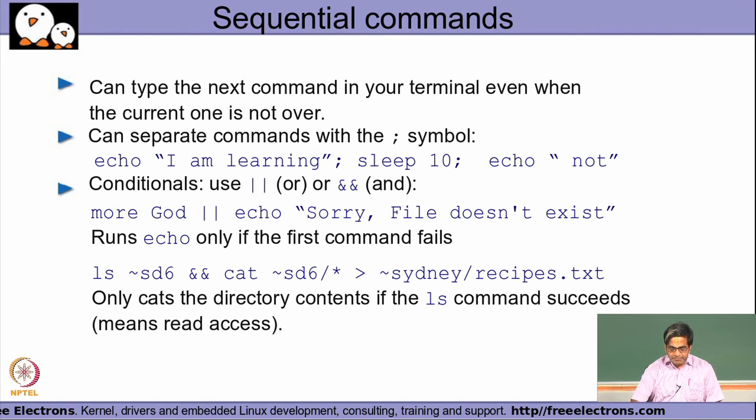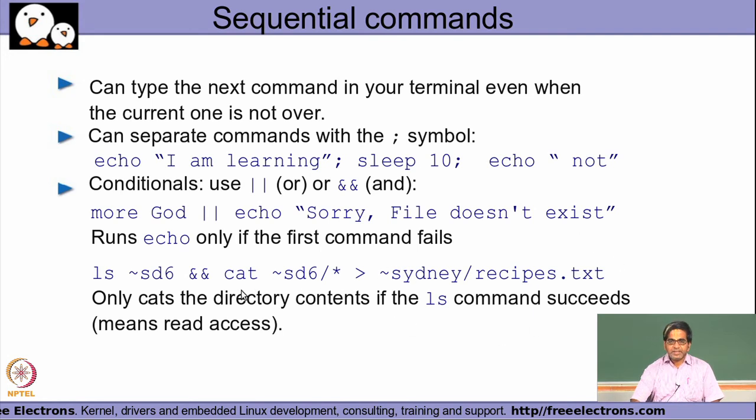So, in this particular case, we have said that we want to list the contents of the home directory of the SD6 user, and if this SD6 user is not existing or the home directory is not existing, there is no point in trying to list the contents of the subdirectories or files of this home directory, right. So, that is the reason why the logical AND operator is used here. If this was successful, then I will have the second command getting executed also, and the output of this command is also redirected to another file.